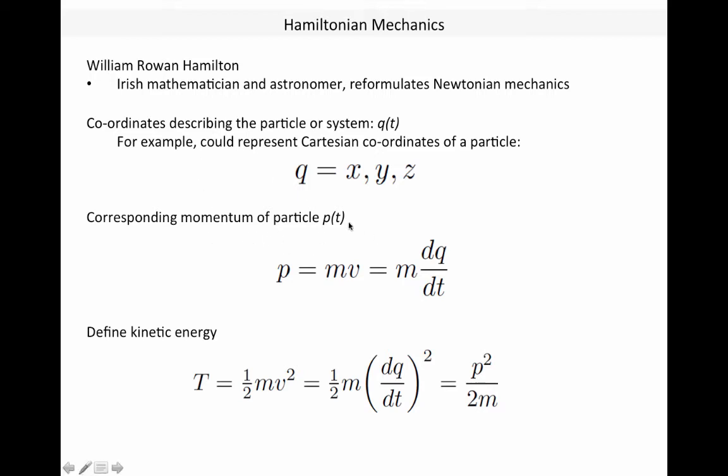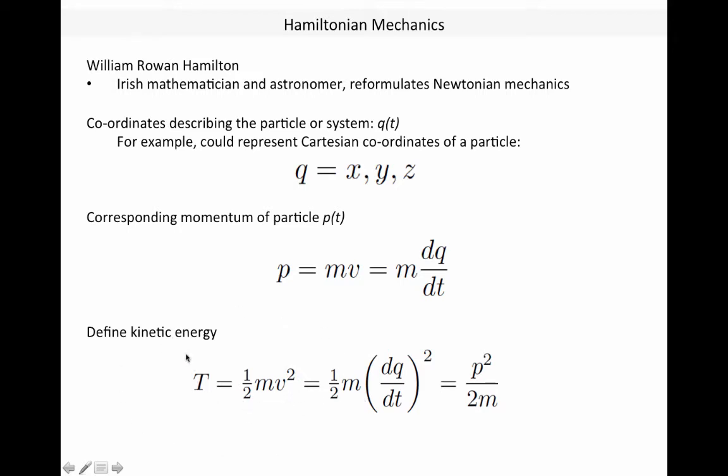The momentum of the particle is going to be called P, and in general, Q and P are both functions of time. The particle is, in general, moving. P is just mass times velocity, which is mass times the derivative of the coordinates Q with respect to time t. And we can define the kinetic energy with the familiar formula half mv squared.